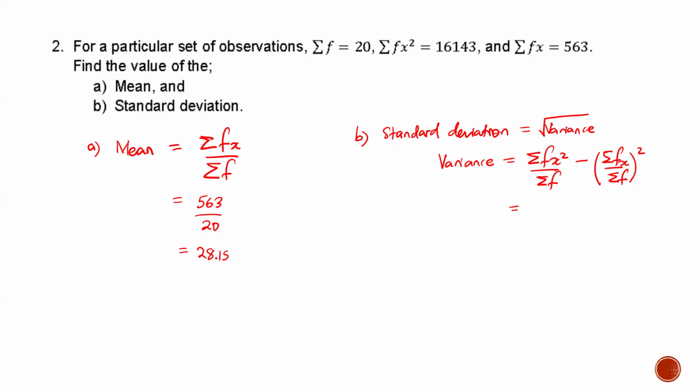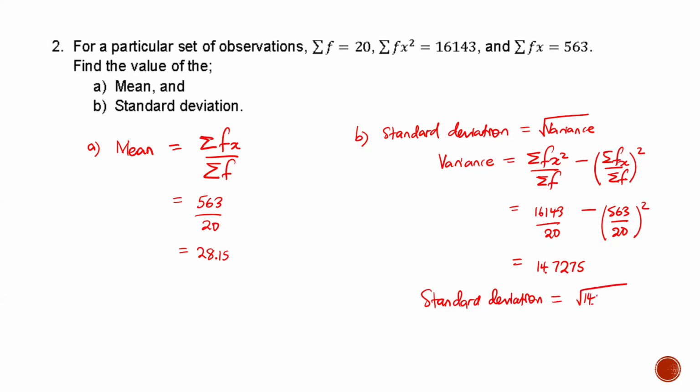And so this is 16143 out of 20 minus 563 out of 20 whole squared. When you work this out religiously, it's 14.7275. So your standard deviation for this data is going to be the square root of 14.7275. That's going to be 3.837624 decimal places.